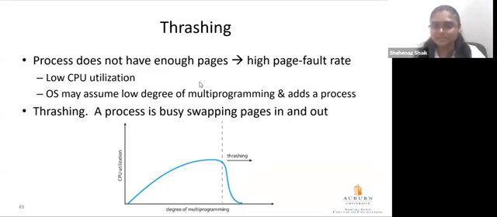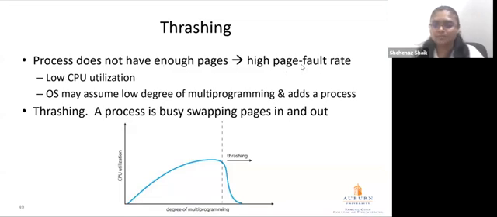The pages that are currently in use will be swapped out to accommodate some other pages, right? That in fact results in a high page fault rate, because the process would be requesting the pages which were recently swapped out, right?